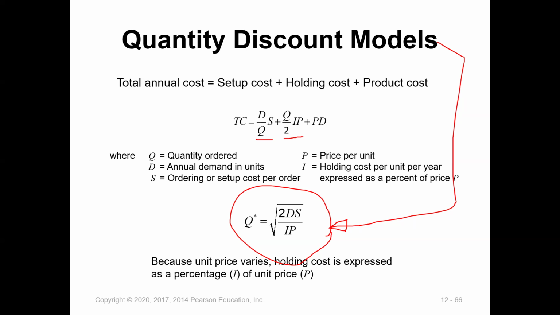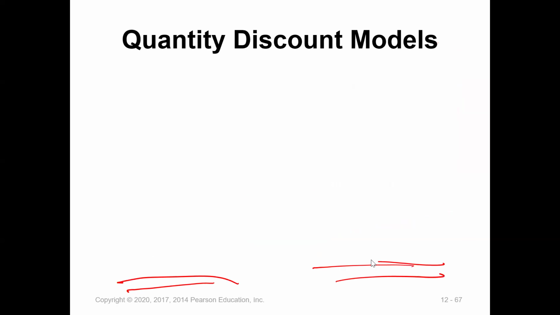That's why we have I, because the unit price changes depending on the quantity.